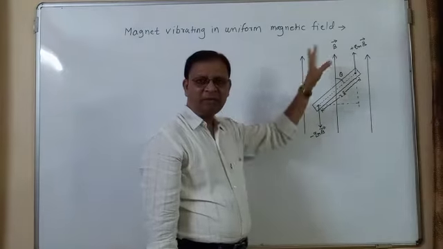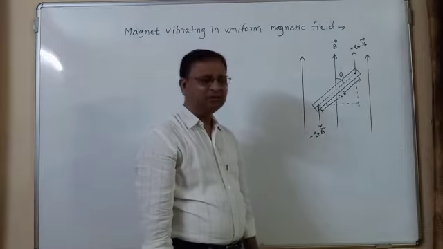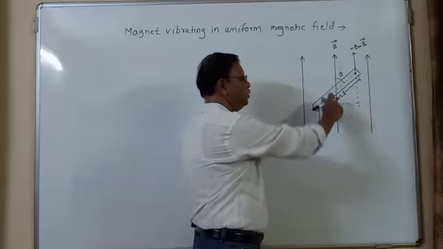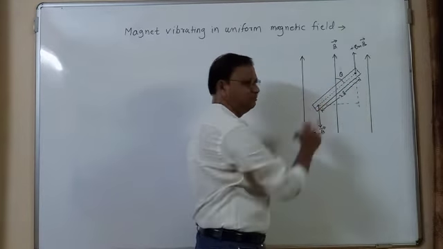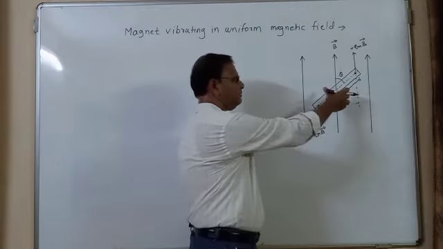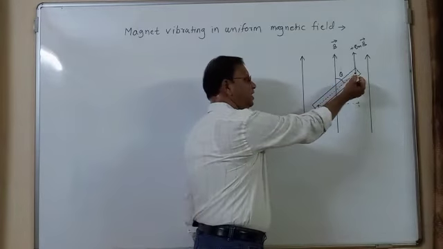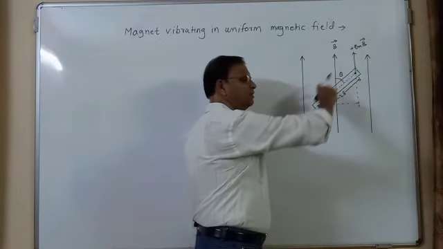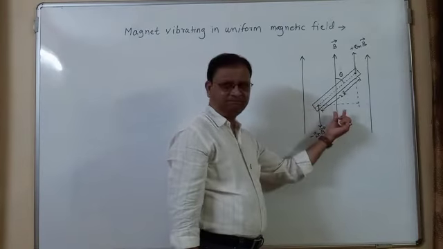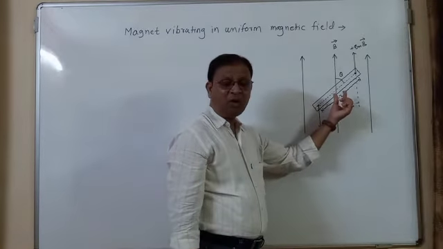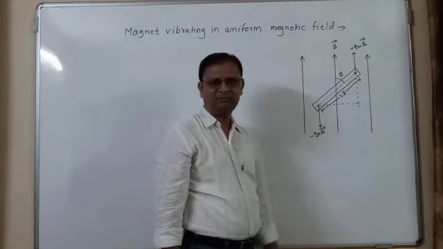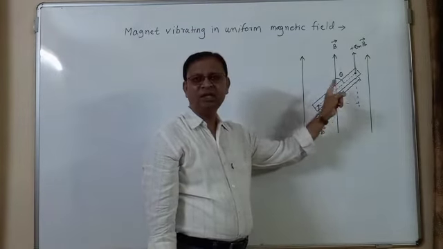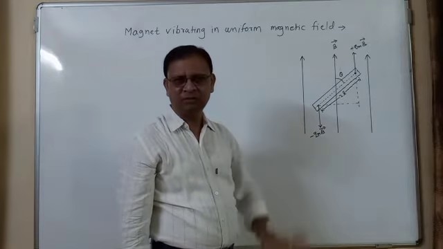If this magnet is deflected from its mean position through an angle theta and released, it oscillates about its mean position. That means it performs angular oscillatory motion. We have to show that this angular oscillatory motion is angular simple harmonic motion.